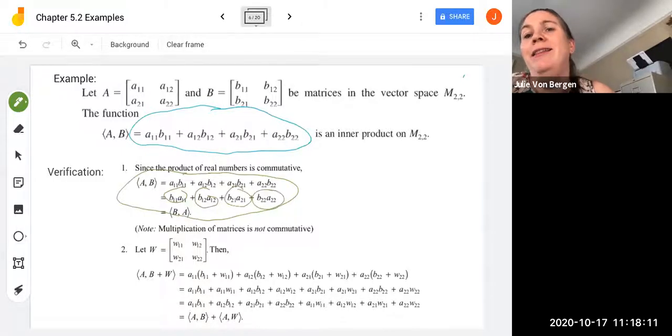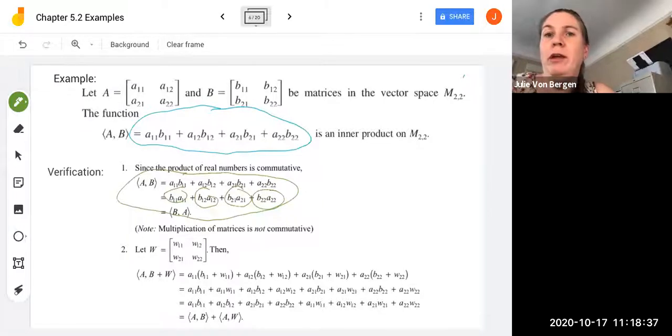And then that's the same as B inner product A. It's important to note that multiplication of matrices is not commutative. This is not actually matrix multiplication. If you look at how our inner product is defined with the A11 B11, this is component-wise multiplication, which is different than matrix multiplication.